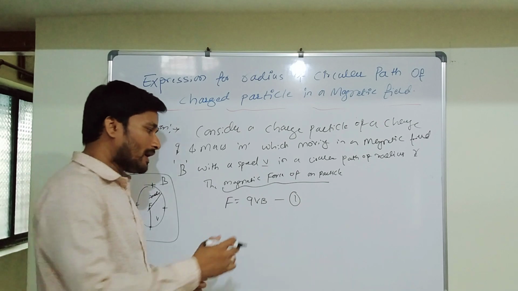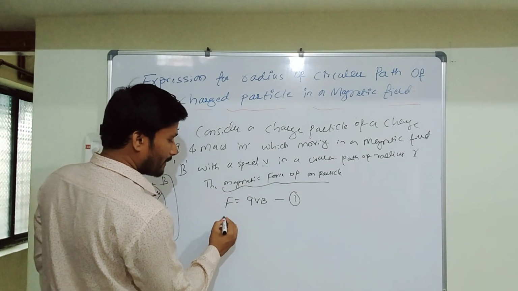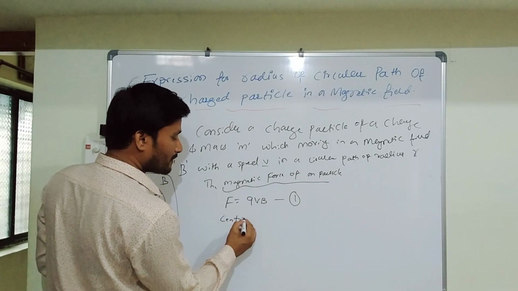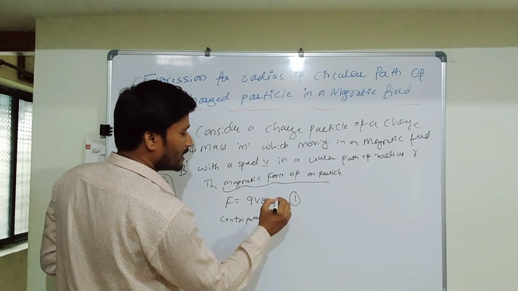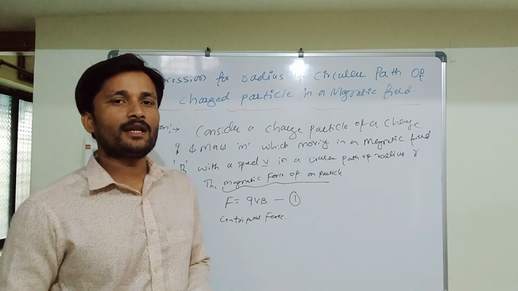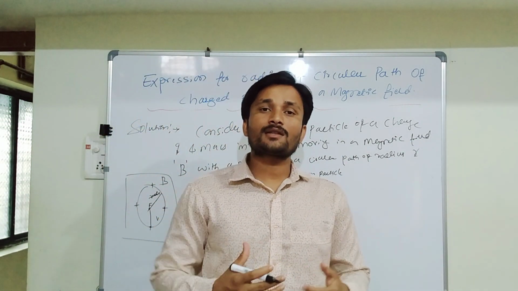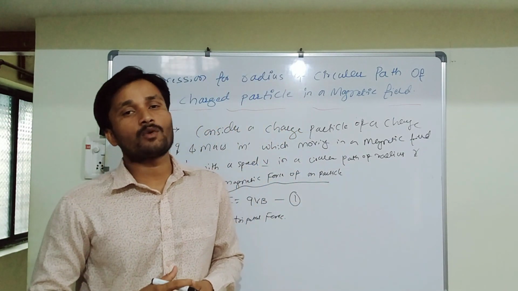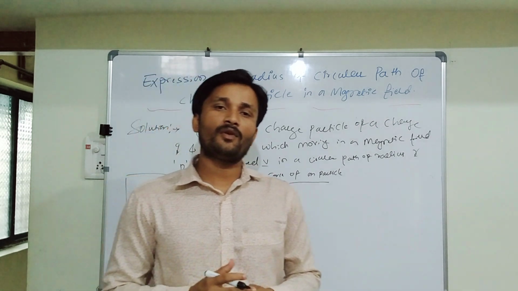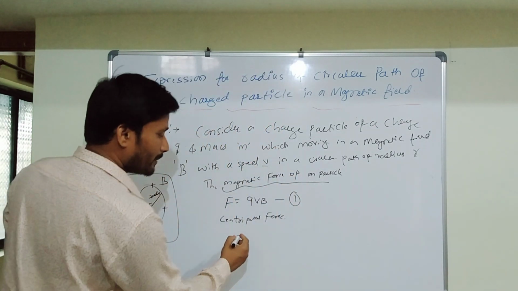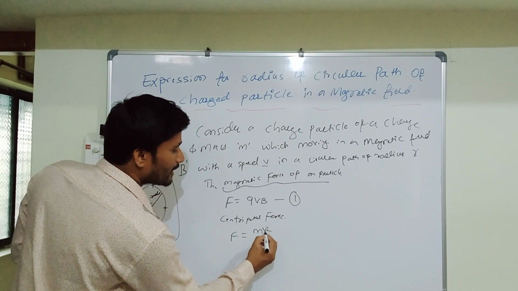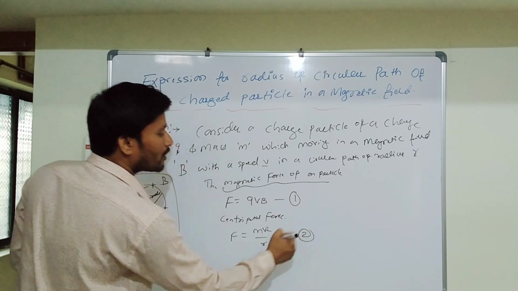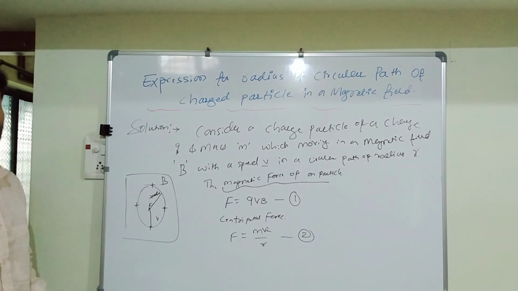After equation number 1 we have to apply the centripetal force. Centripetal force is nothing but the force which causes uniform circular motion of a body. We have the equation for centripetal force, that is F is equal to mv square by r. I am going to call this equation number 2.